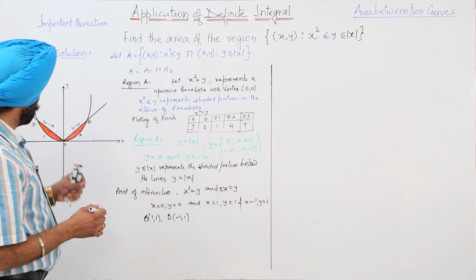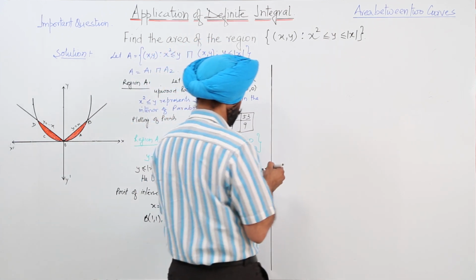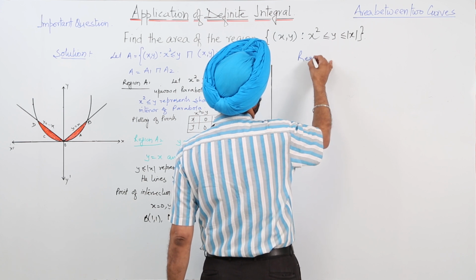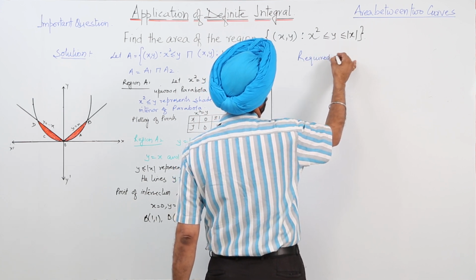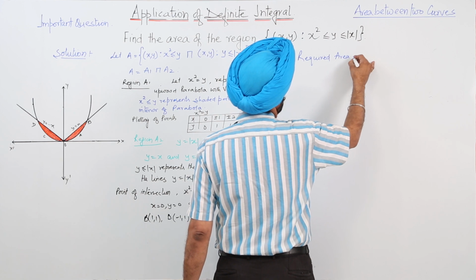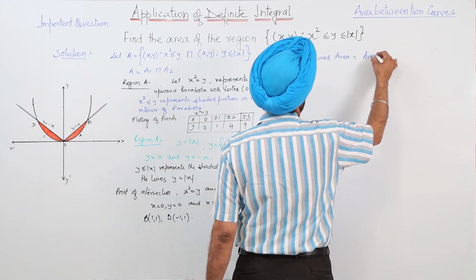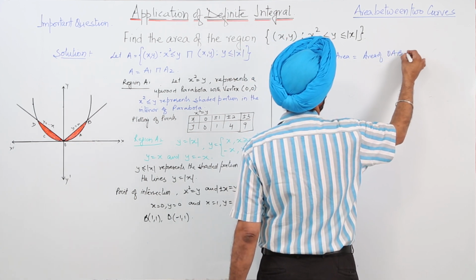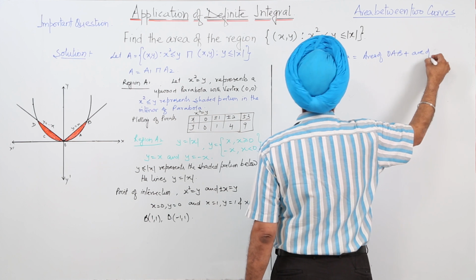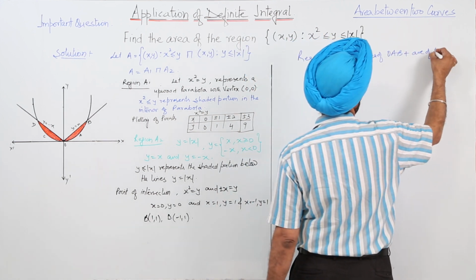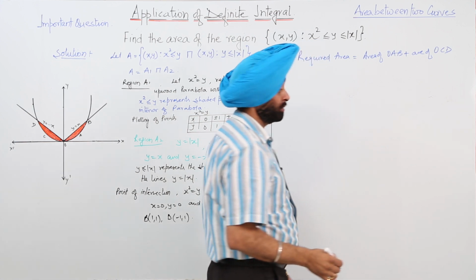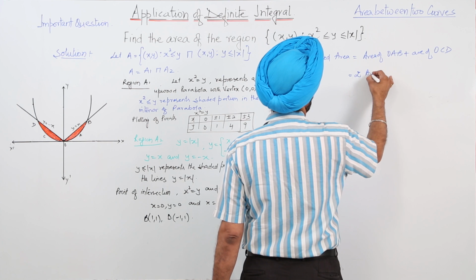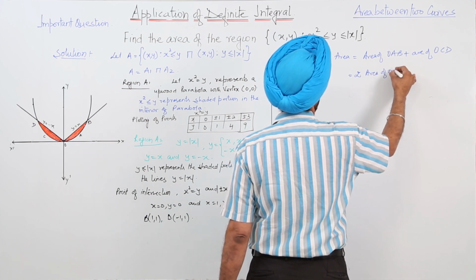So, now required area. Required area is equal to area of OAB plus area of OCD. Okay, or we can write it as twice area of OAB.